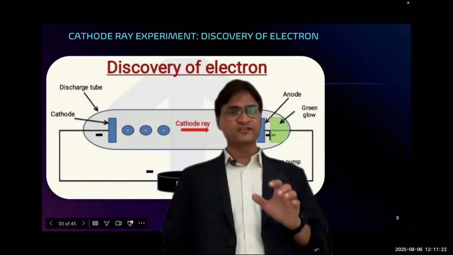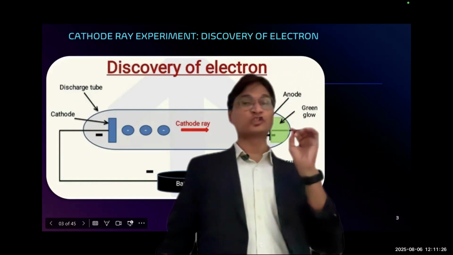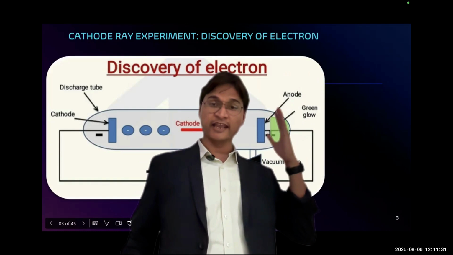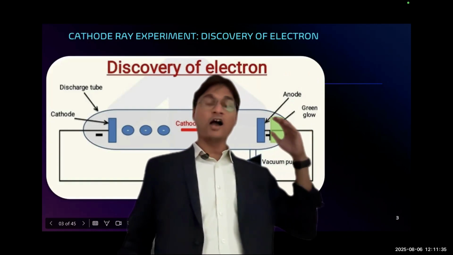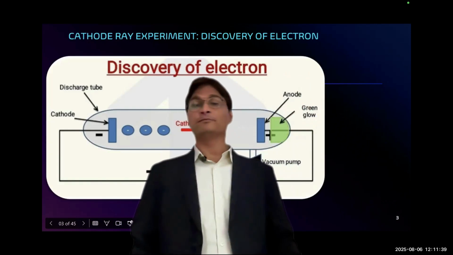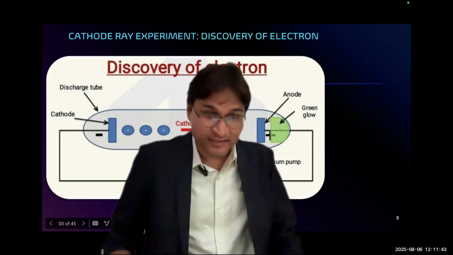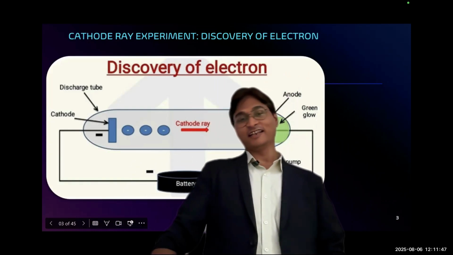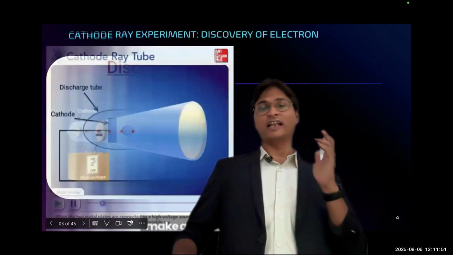He kept a gas, and when he switched on the battery, he saw a patch of light on this side of the glass tube. He saw a ray coming out of the cathode and falling at the back of the anode. That gave a green patch, and this was the mystery he had to explain. For that, he made a small modification in his setup.